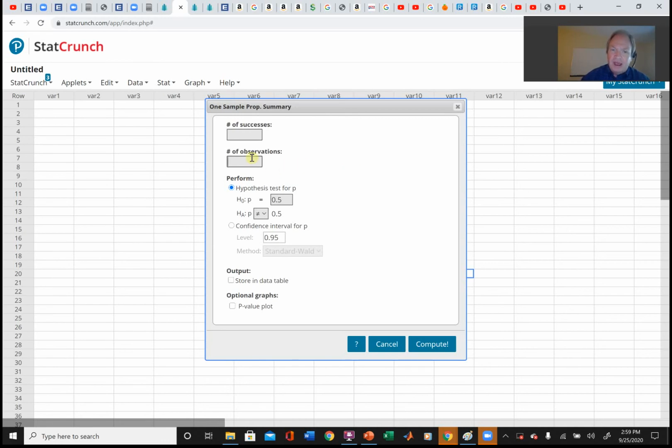Number of observations is our sample size. And in this problem, we had a sample size of 500. Number of successes. Okay, what is a success? A success means that that individual in the sample was in your category of interest. Well, my categorical variable was whether or not a person in a motorcycle accident had been injured.